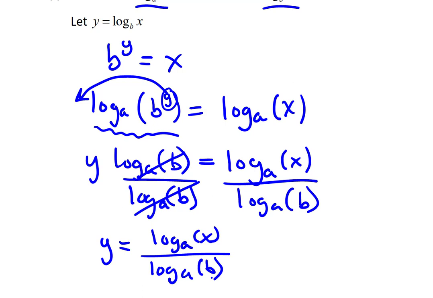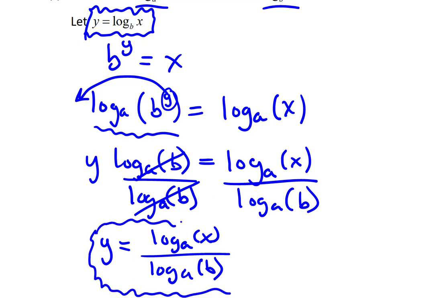If you connect the beginning and the end of what we have here, we started with y being equal to log base b of x. Now we have, at the end of our little process, y equal to a quotient of logs, but notice now these logs have a different base. It's now base a. And so this is how we can use this process and laws of logarithms to convert a base.